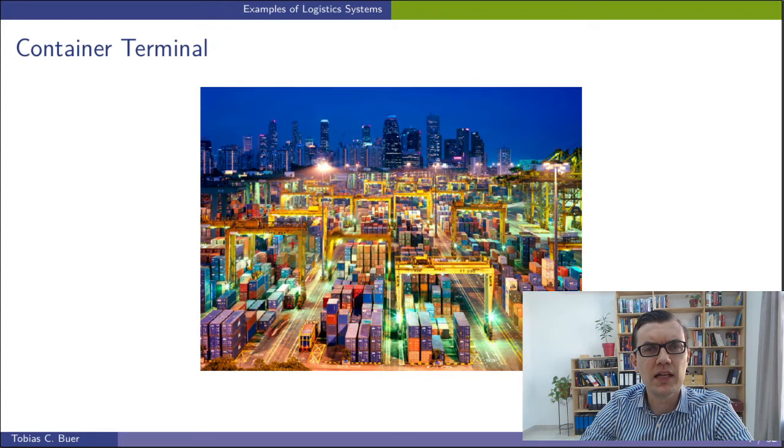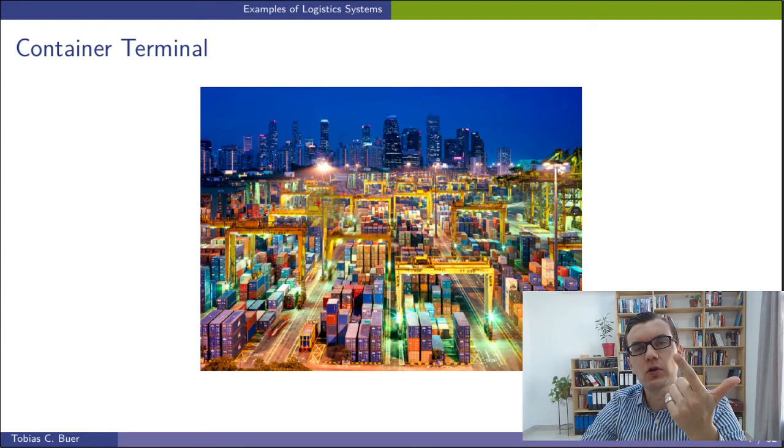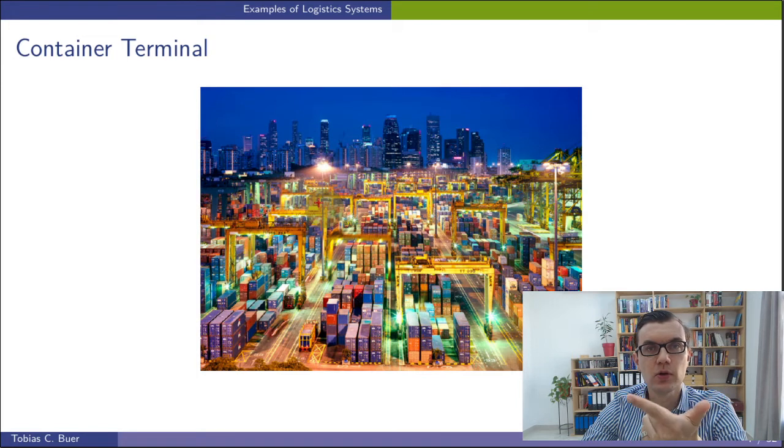to manage the containers. We need to know at which position which container is stored when we want to access a container, because we have to load it onto a ship or onto a truck. We need to know where the container is, how to get to this container.